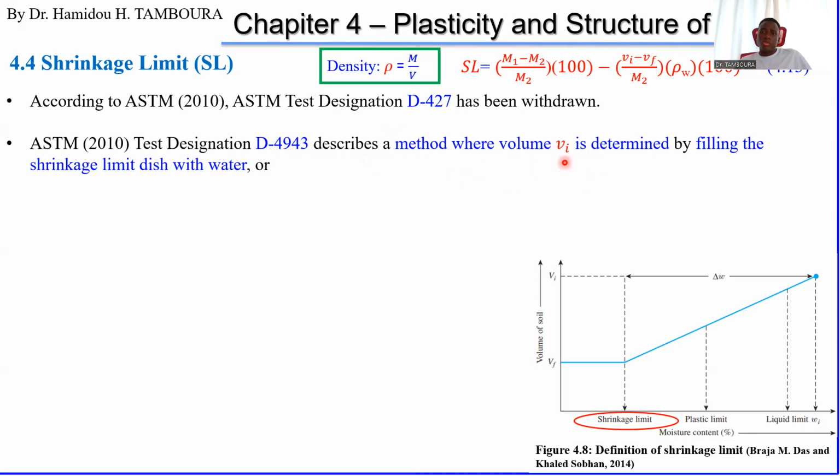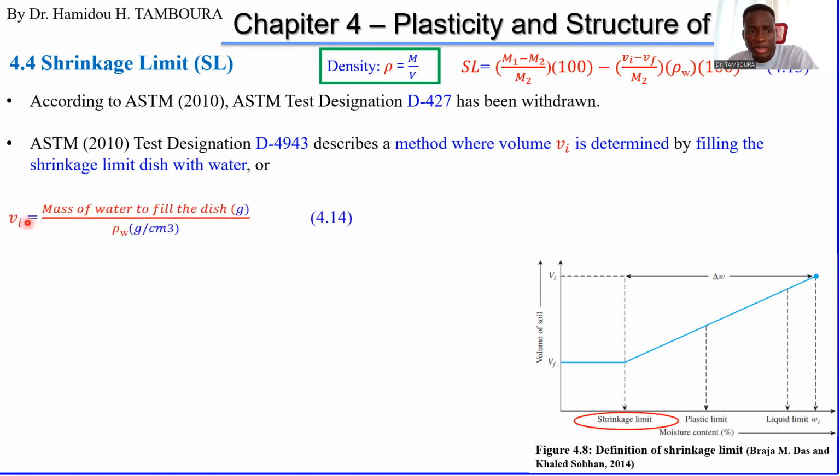So to determine the initial volume, the dish is filled with water, and the volume of that water is the initial volume actually, because it doesn't matter if it's filled with water or filled with soil, the volume remains the same. But if it is not the standard size that we talked about at the beginning of this video, it doesn't matter, I think.